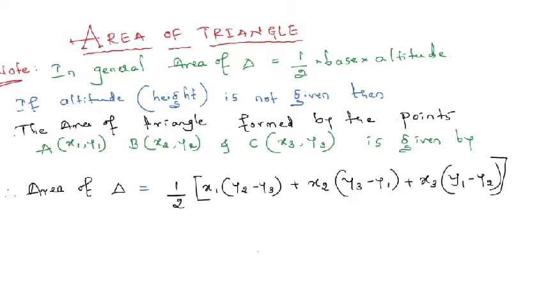Here is one more new formula for finding the area of the triangle formed by the points A(x1, y1), B(x2, y2) and C(x3, y3). The area of the triangle is equal to half into the bracket x1 (y2 minus y3) plus x2 (y3 minus y1) plus x3 (y1 minus y2).